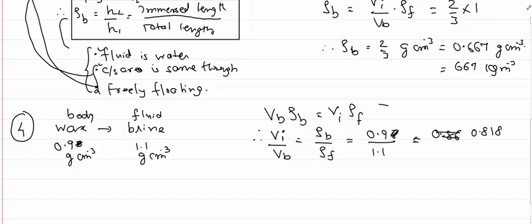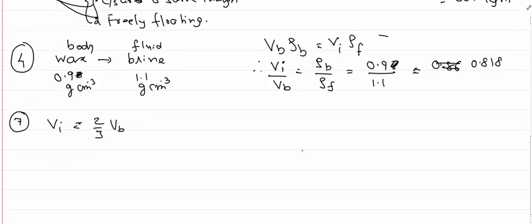Let's take one more question. I'm taking question number 7 now. A wooden block floats in water with 2/3 of its volume submerged. Wooden block floats, so condition is flotation with 2/3 of its volume submerged. So Vi is equal to 2 by 3 of the total volume. 2/3 part is submerged, which is immersed. Calculate the density of the wood. So I will use the same method again.